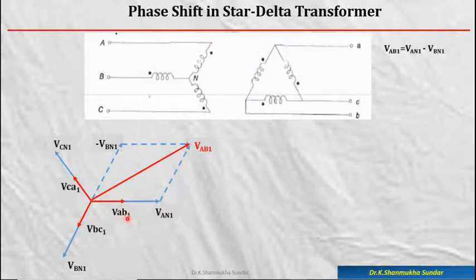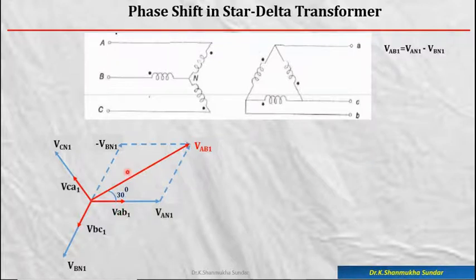This is the line voltage or phase voltage; both are the same on delta side. So we will treat it as line voltage on delta side. So the positive sequence component of line voltage on star side and the positive sequence line voltage on delta side. Clear? Now between these two line voltages on star side with respect to delta side, what is the angle we are having? This will be 30 degrees.